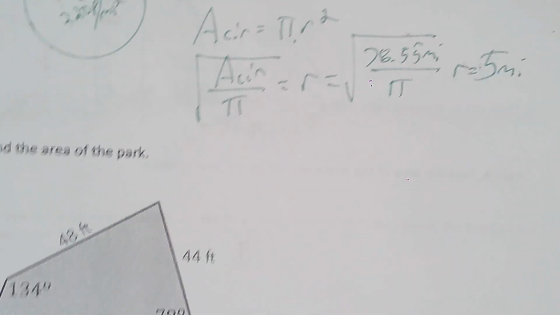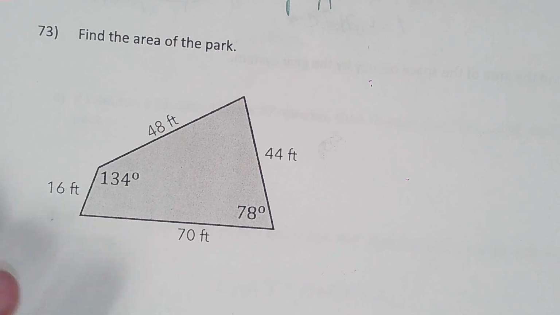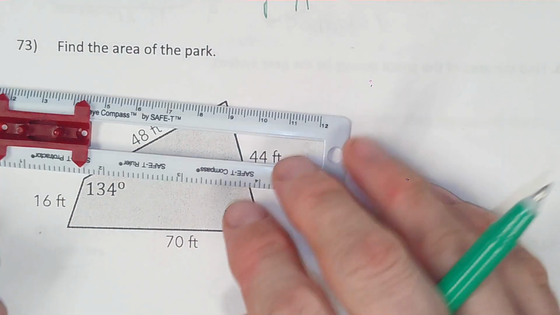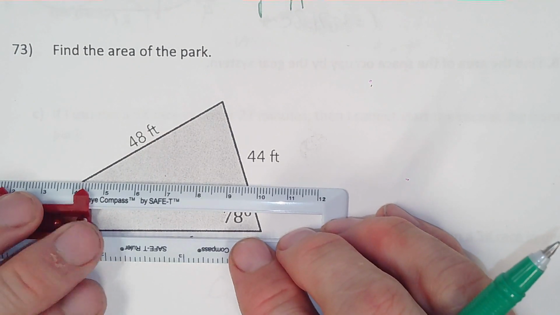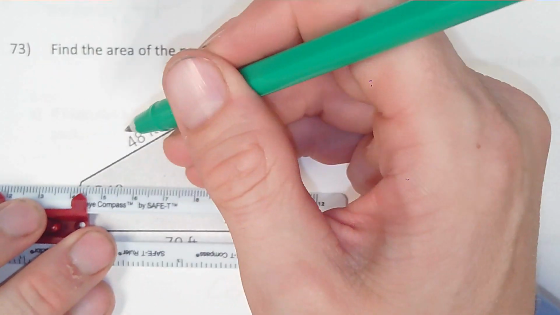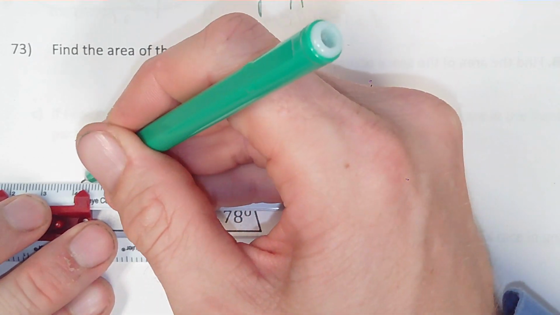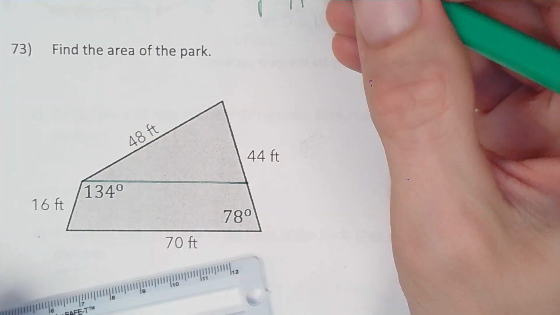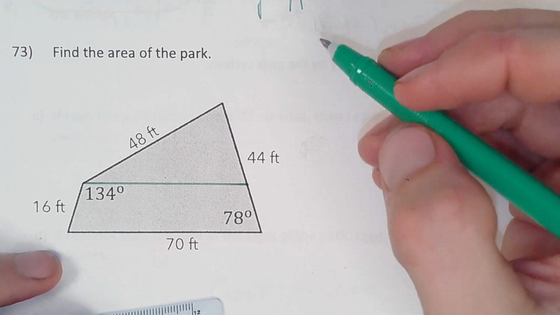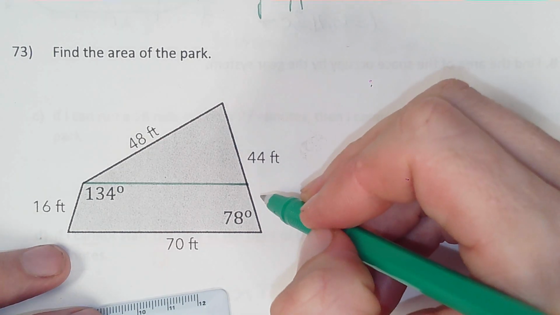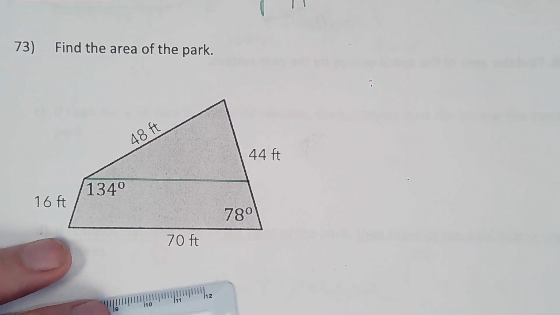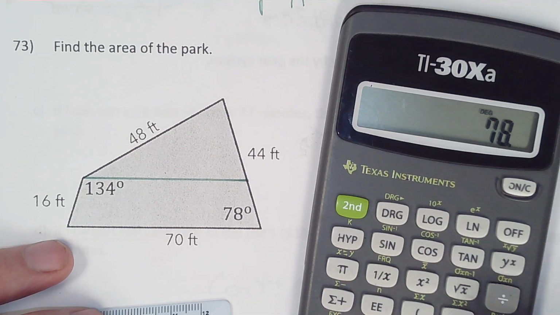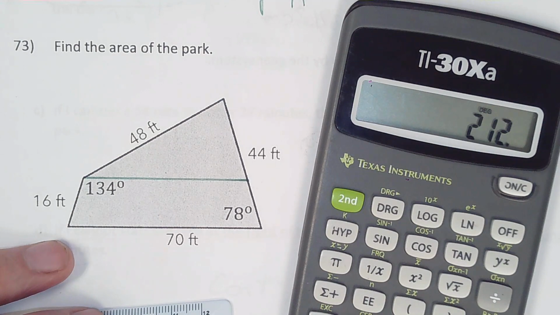Okay, and finally, the last one: find the area of the park. So I'm going to have a trapezoid and a rectangle. That's the way I'm going to do this one, I think. So this is a rectangle and a trapezoid. 78 plus 134 equals 212.